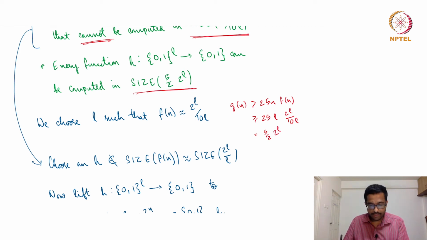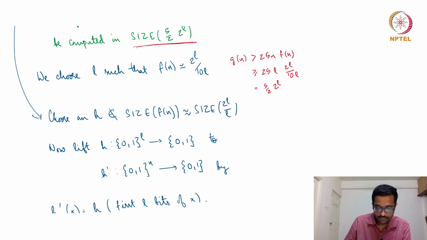Which means that g(n) is enough to compute all functions from {0,1}^L to {0,1}. G is sufficiently big to capture all functions, and f is certainly not, we know that there are many functions from {0,1}^L to {0,1} that cannot be computed in f size.